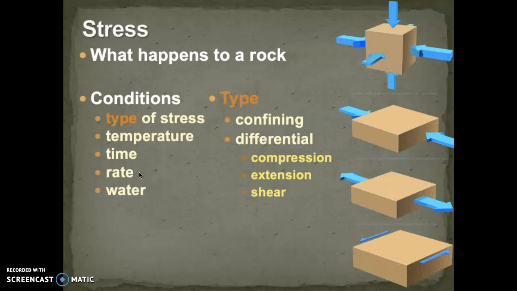If things happen very quickly, the rock will behave in a very different way. And the last thing on this list is the presence of water. That can affect how a rock behaves when it's put under stress as well. So temperature, time and rate, and water are all other stress conditions that are very important when determining exactly how a rock responds.